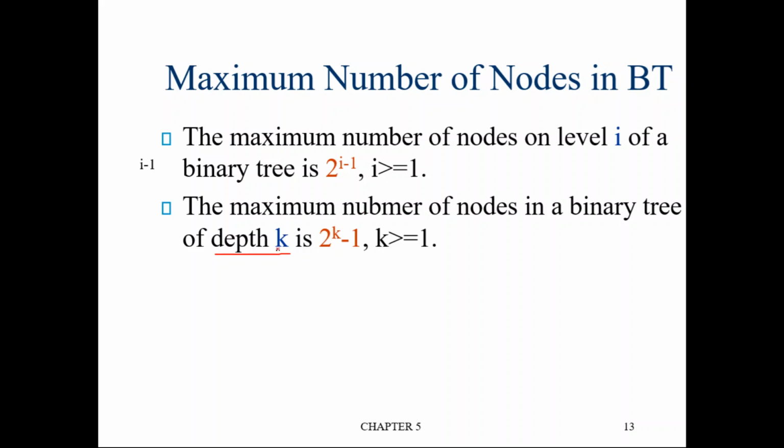So if a binary tree has a depth k, then maximum how many nodes can it have? Then maximum it can have 2 to the power k minus 1 nodes.